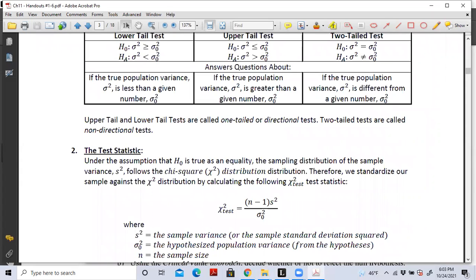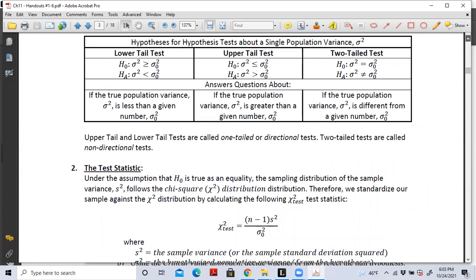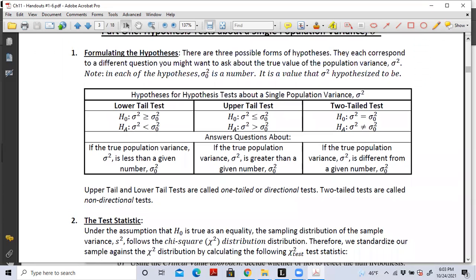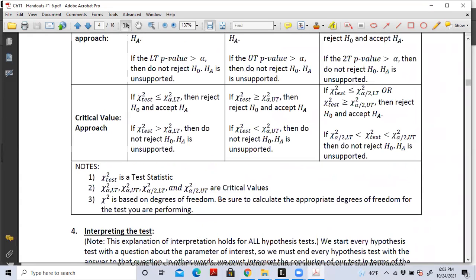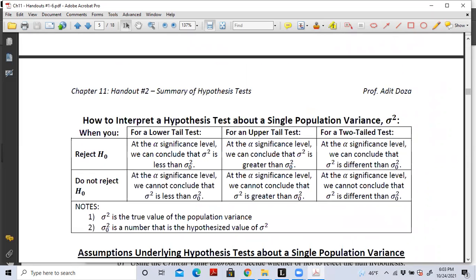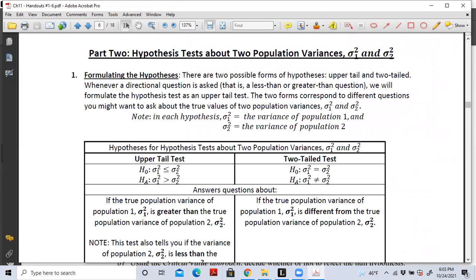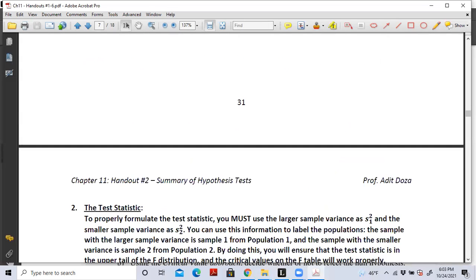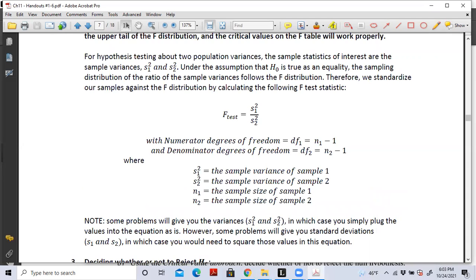So we got introduced to the chi-square test in chapter 11, right? When to reject: they have these conditions. We also got introduced to the F statistic, which is always an upper tail test.